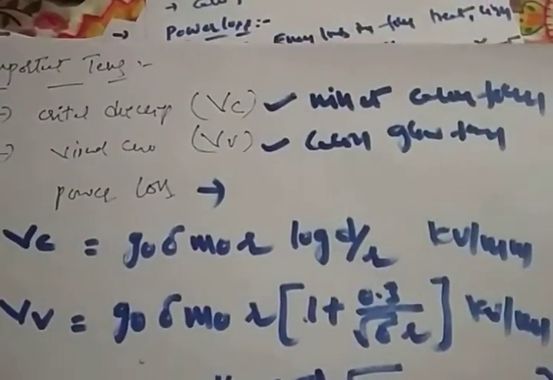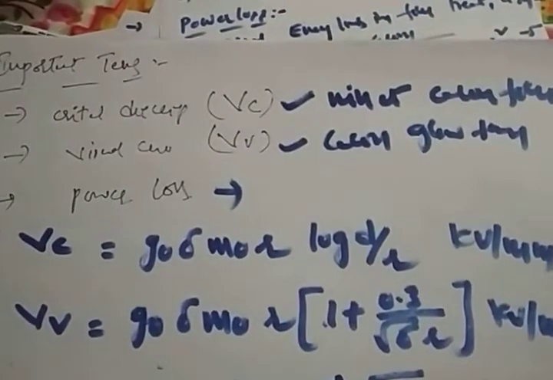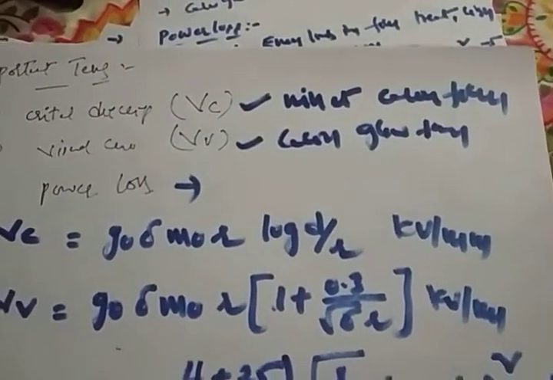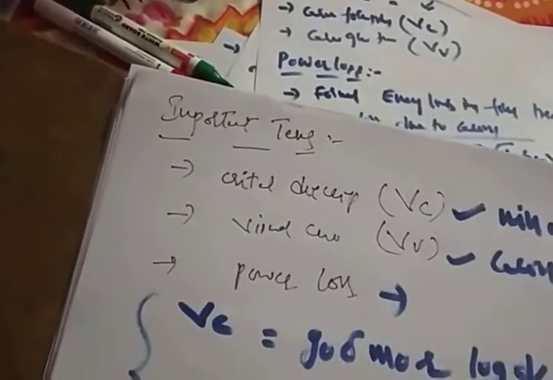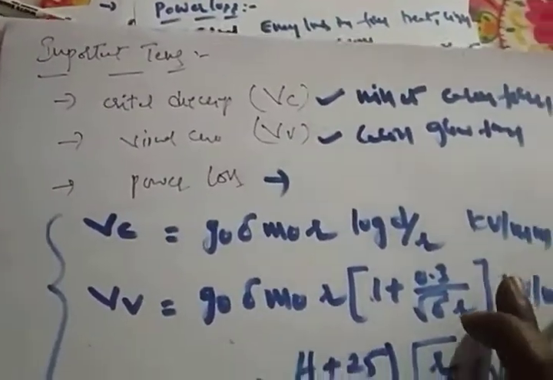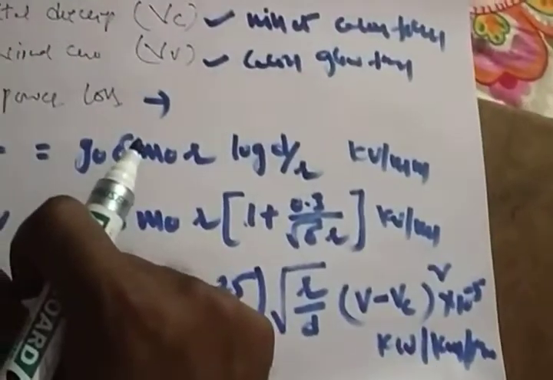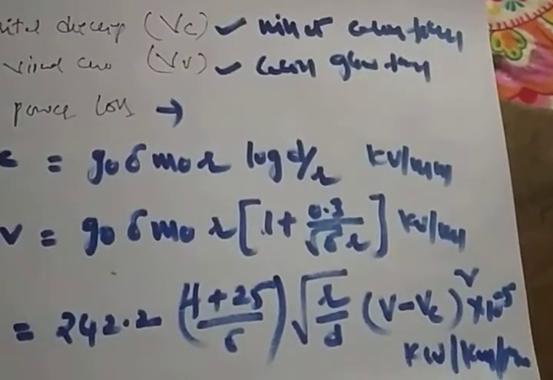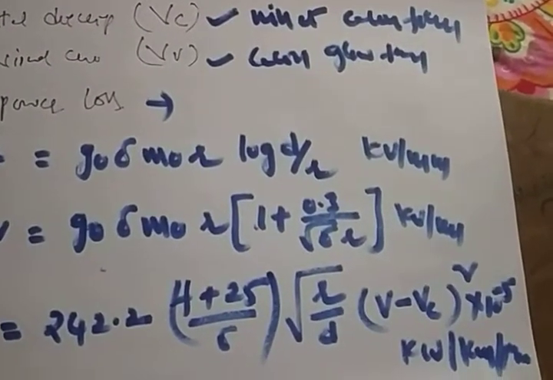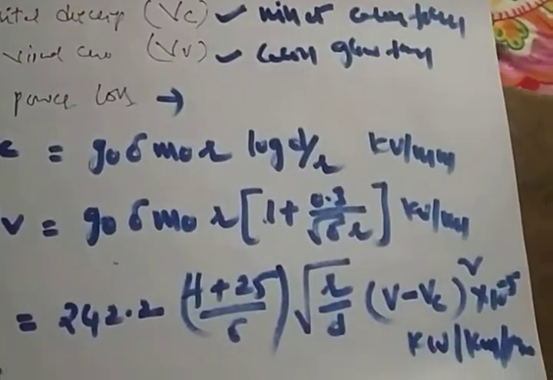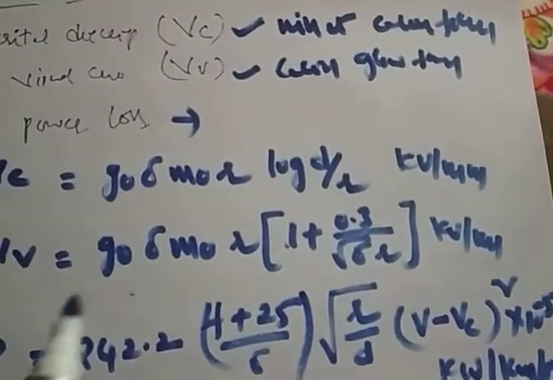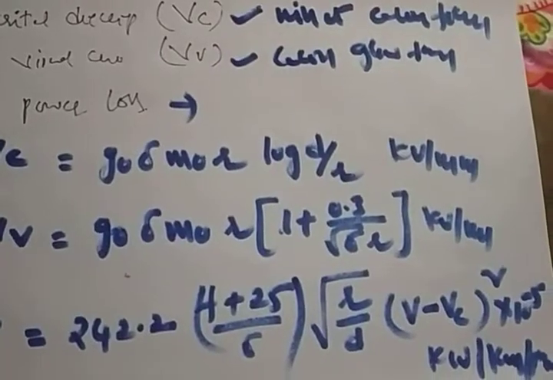I hope these terms are clear. If you have any doubts regarding these terms, make a call and definitely I will clarify your doubts. These are the terms we need to consider. In the next session, we'll discuss the factors that affect the corona, the advantages and disadvantages of corona, and after that how to reduce the corona effect in a transmission system.